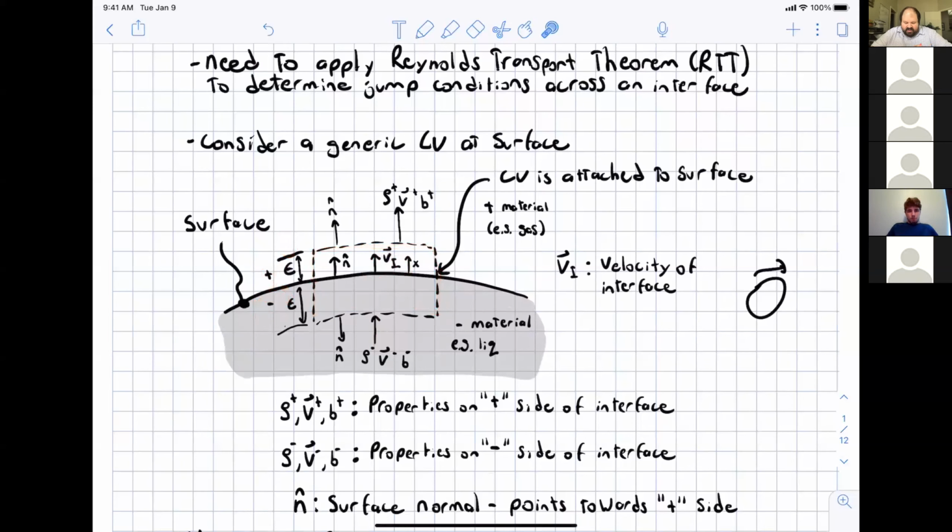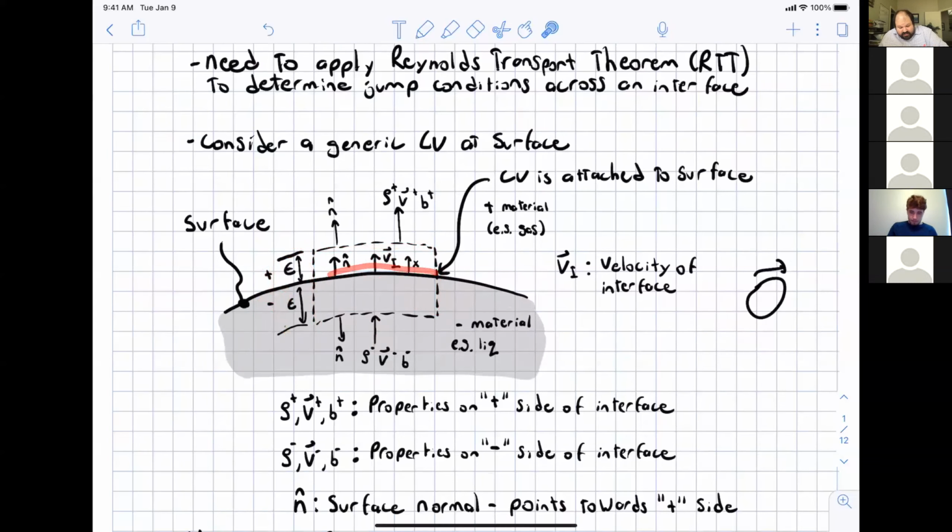Then the idea is I'm going to use the normal Reynolds transport theorem or control volume analysis with the assumption that this epsilon tends towards 0. It's not going to go to exactly 0, but we are choosing the top side of this control volume to barely be inside of the gas.